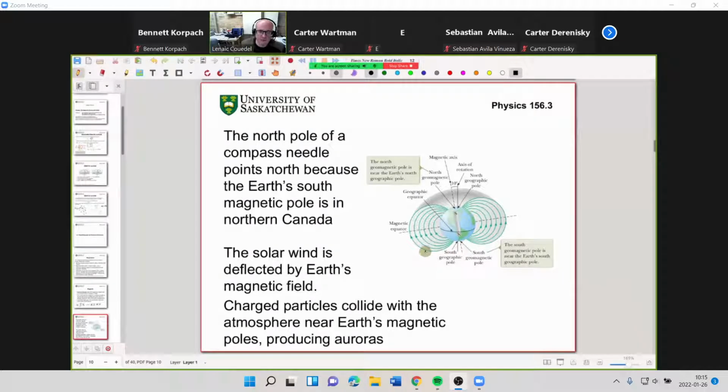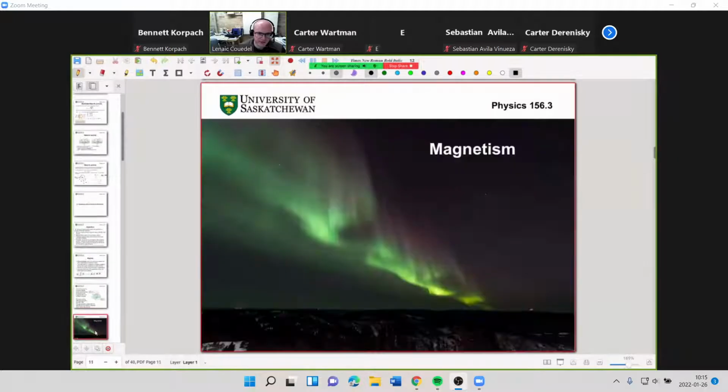so they can deflect charged particles. And the solar wind, which is mostly composed of charged particles like protons and electrons, can be deflected by Earth's magnetic field, and then they will collide with the atmosphere and produce northern lights, or auroras. And being in Saskatchewan, if I show you this kind of picture, that's something you probably have seen at night here.